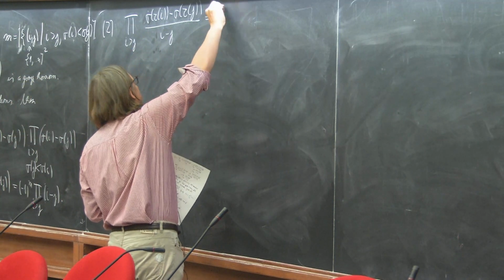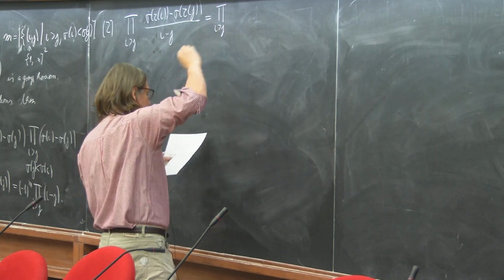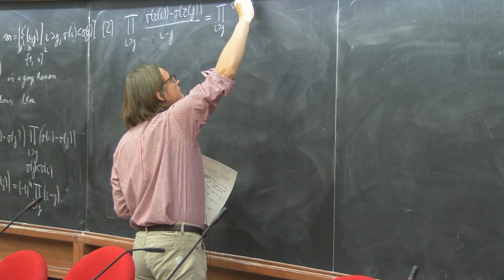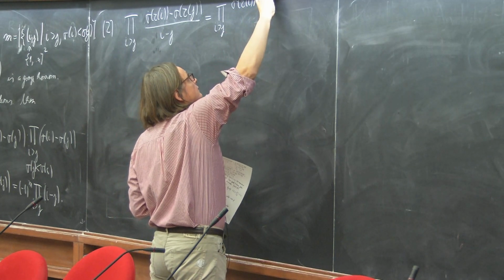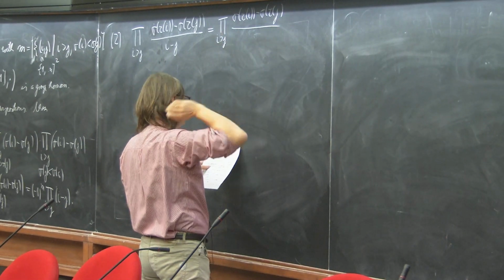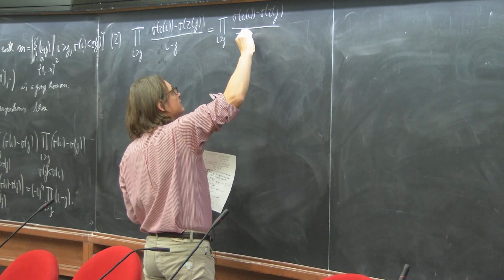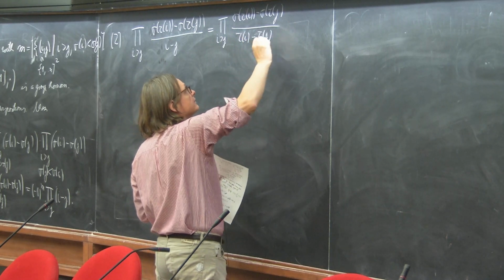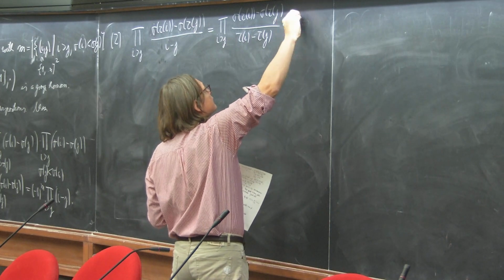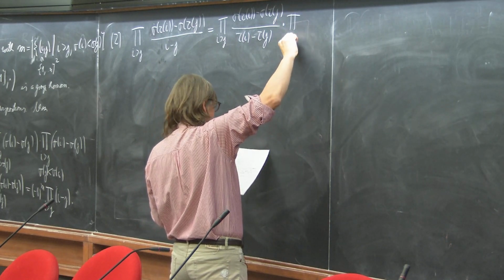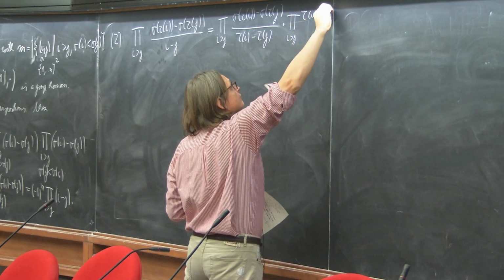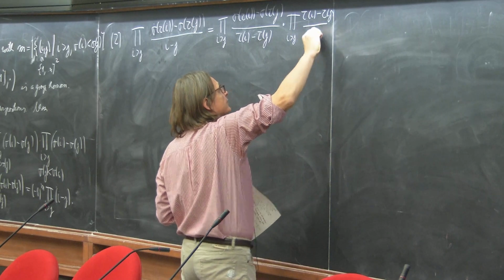So this is the product over all i bigger than j of sigma of tau of i minus sigma of tau of j, divided by tau of i minus tau of j, times the product over all i bigger than j of tau of i minus tau of j divided by i minus j.